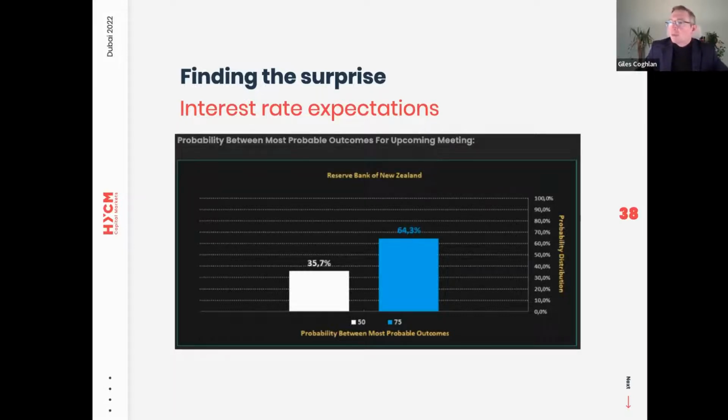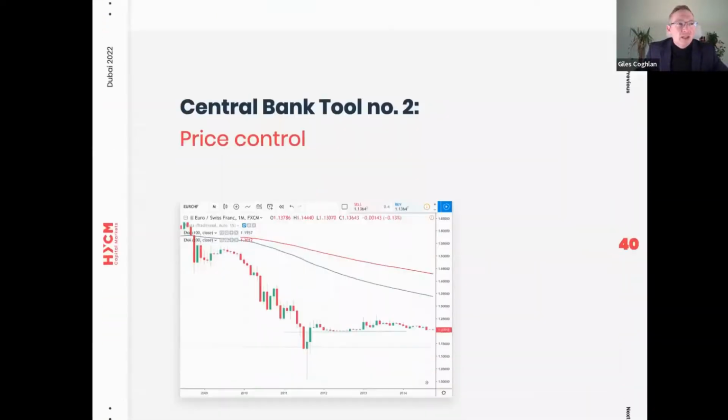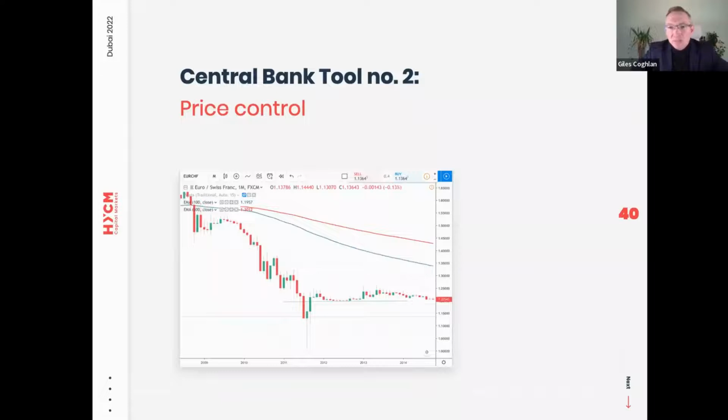Okay, good, excellent. The other tool they use is price control. This is generally not very effective, and central banks don't like to use it. You'll probably know the famous example with the SNB, when the Swiss National Bank said that they would be pegging the Euro-Swiss franc pair to 1.20.